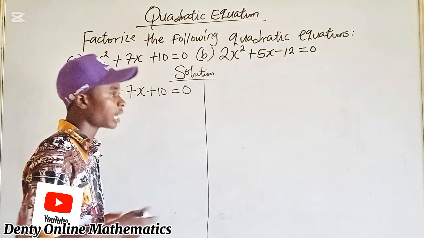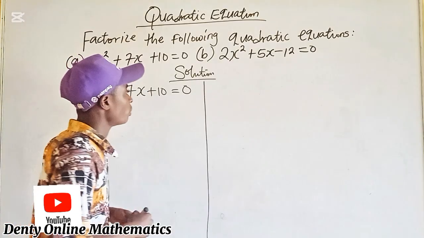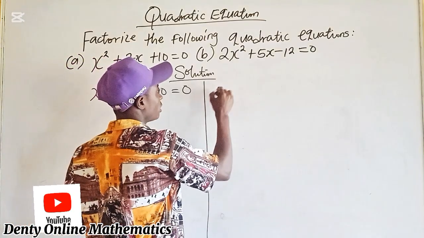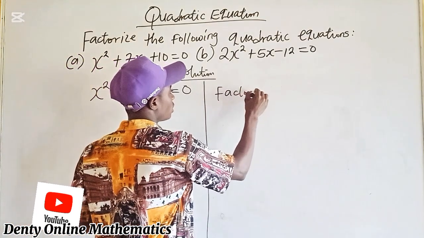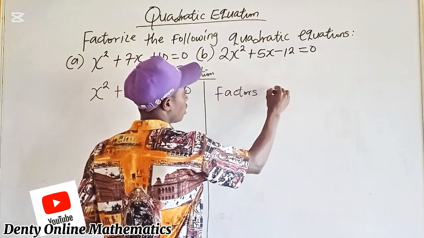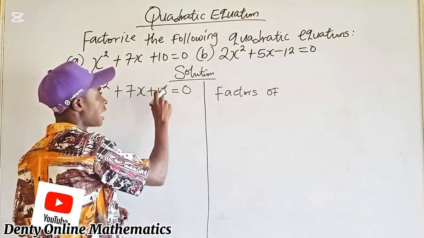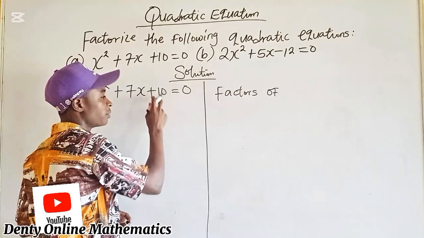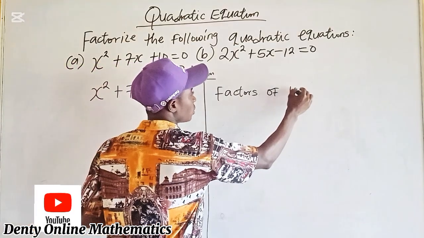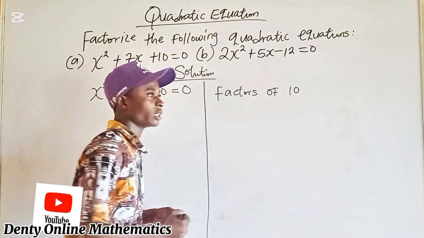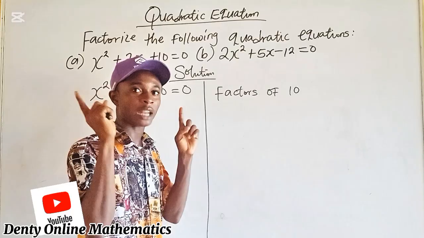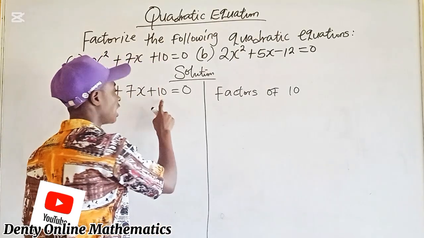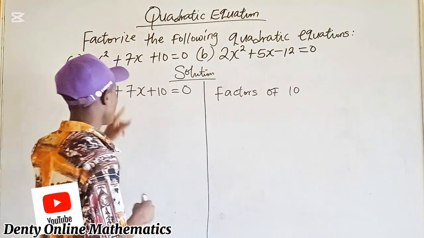Now let's list out the factors before we bring them down. So we say factors of, now the last number here, or the constant term here, is what? 10. So we are going to look for the factors of 10, that if I multiply them, I will have 10, and if I add or subtract them, I'll have 7.